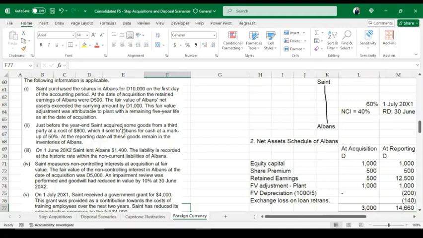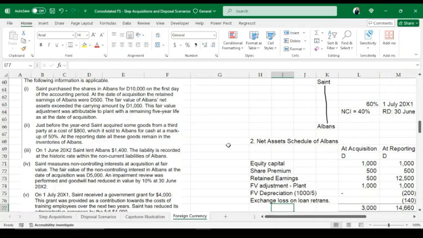At the reporting date, all these goods remained in the inventories of Albans. All right, so how do we deal with that? The goods have been sold to Albans for $800, and a markup of 50% was added to it. Okay, and the entire amount remained in inventory.